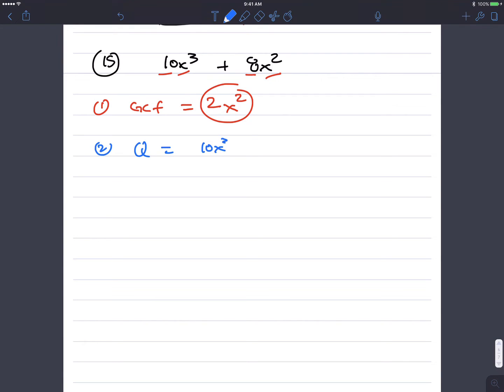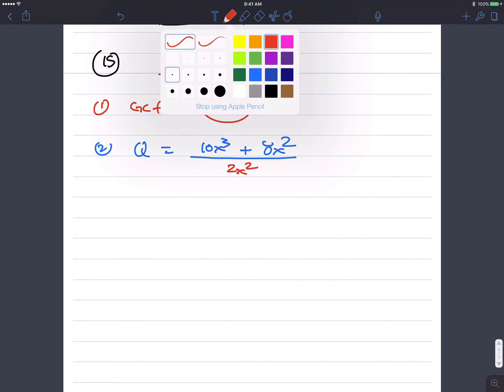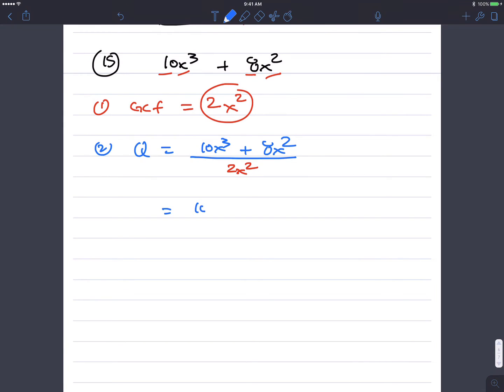You get 10x cubed plus 8x squared divided by your GCF of 2x squared. So 10x cubed over 2x squared plus 8x squared over 2x squared. 10 divided by 2 is 5. X cubed divided by x squared.